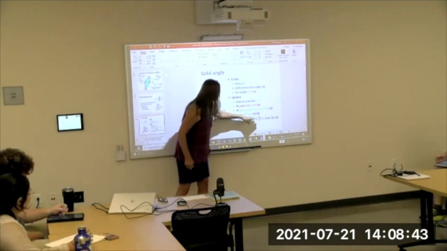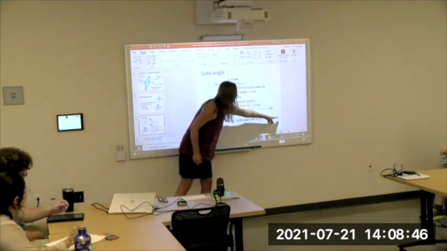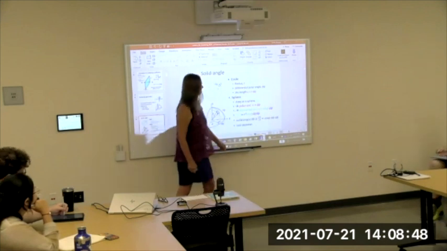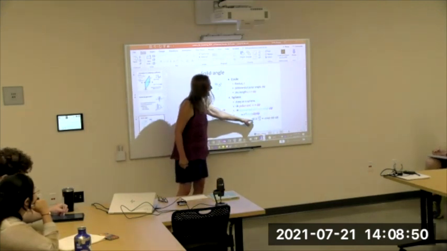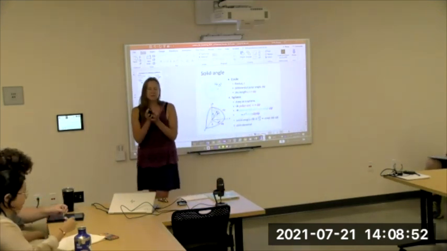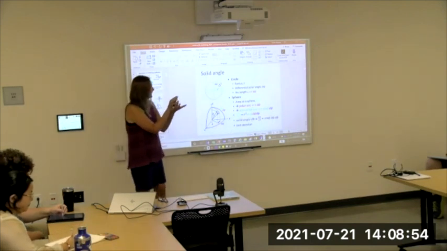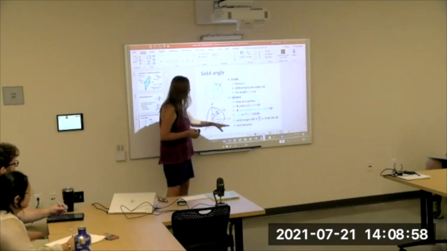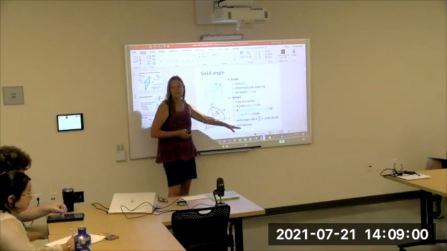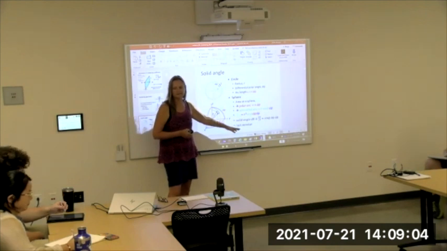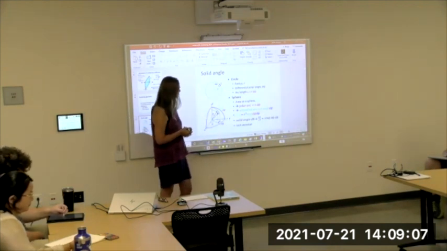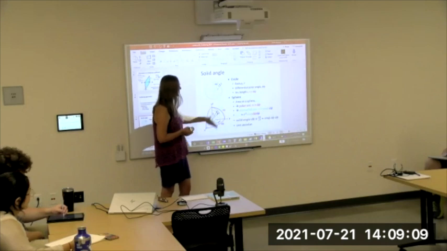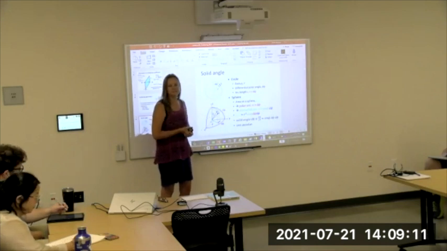So we end up with just sine psi d psi d phi, and we define that as the solid angle, d omega. The solid angle, you can think of it as a cone. In this way, we're thinking of it as sort of a square. It has units, not of radians, but of steradians, the solid angle unit. And so you can calculate that for any part of the sphere.